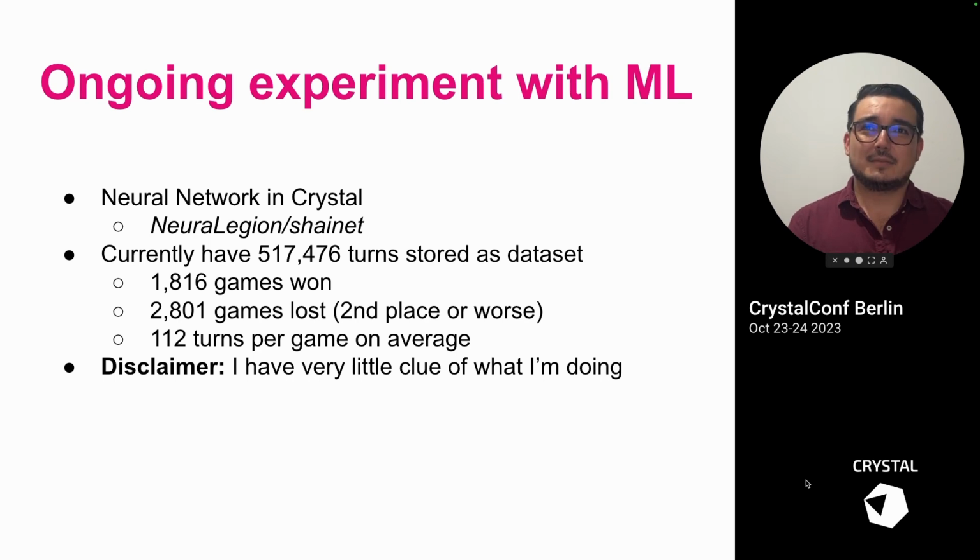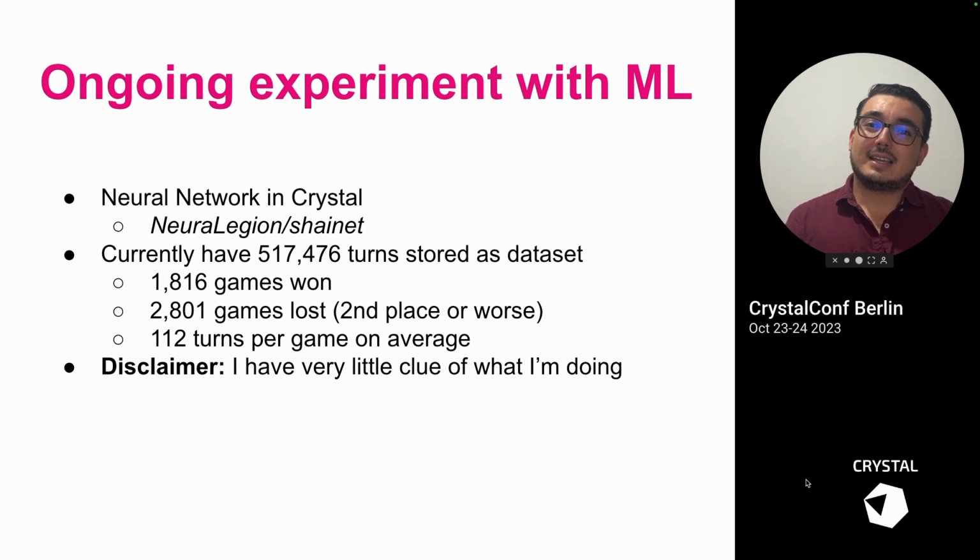But yeah, the next steps that I was working on, and I'm still experimenting with it, are using neural networks. Given that I have about 500,000 turns stored as a data set, which include about 1,800 games won and 2,800 games lost, I would say that I have a good enough data set to start training a snake.